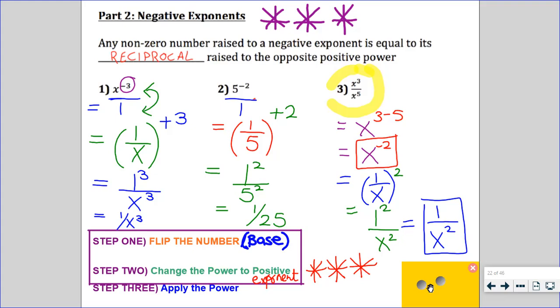So always apply your power rules first before applying the negative power. If your answer, when we got x to the power of -2, has a negative power, that's when you apply the negative power rule.